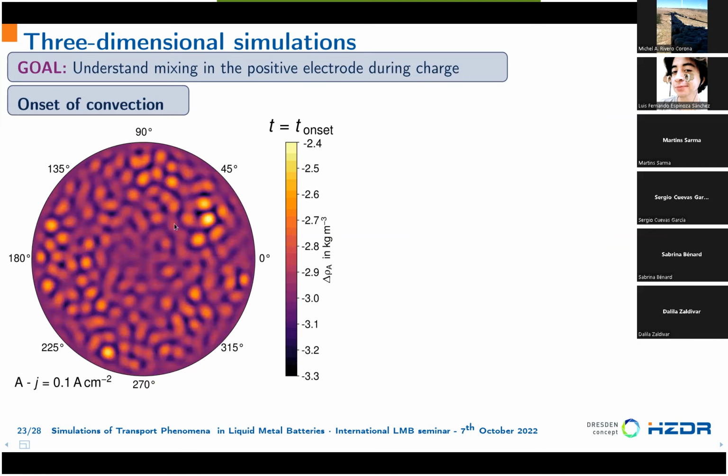So at the beginning, at the onset of convection, we have this pattern forming at the interface of the electrode. And this pattern is more or less like the wavy pattern that we saw in 2D, but now in 3D, with the formation of these vermicular shapes.